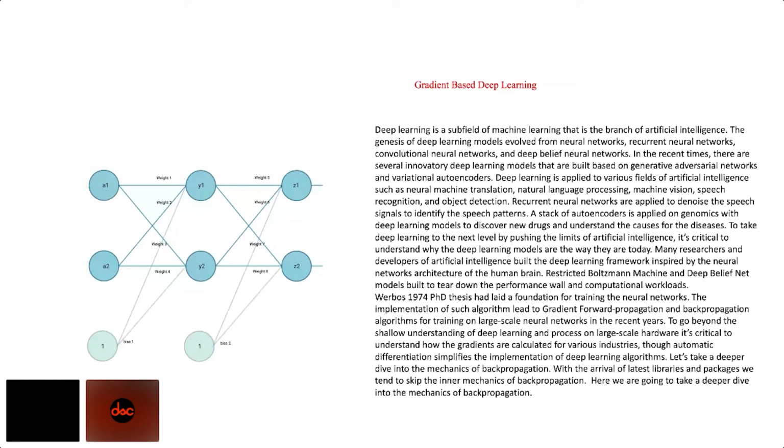But still, a lot of industries have already gone live on these neural networks, which requires them to process on large-scale hardware, and they'll be able to identify how exactly we can leverage these packages and libraries to implement that.